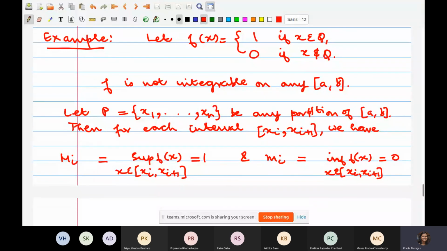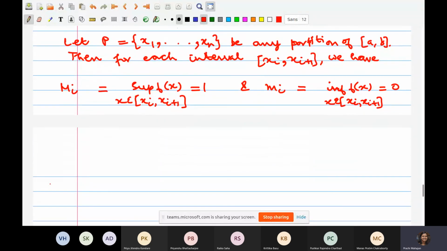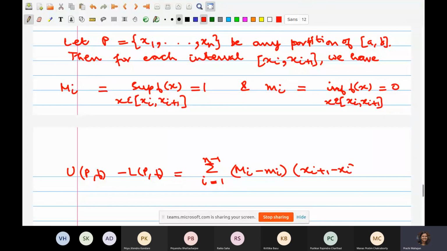Which means that if I look at the upper sum and the lower sum and I take the difference, what is it? Corresponding to this partition, this is going to be the sum of capital Mi minus little mi times the length of the ith subinterval.